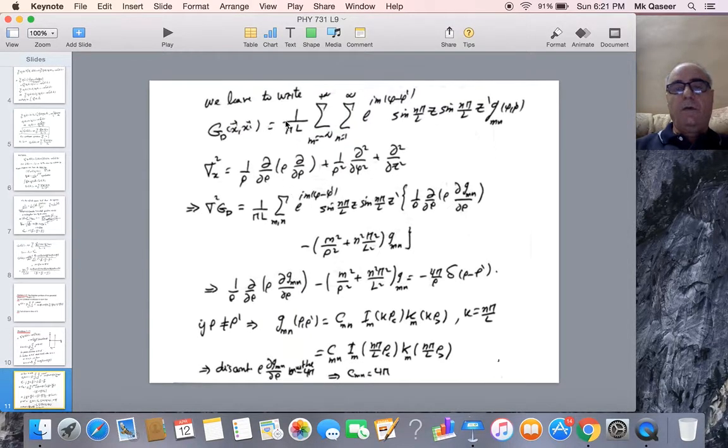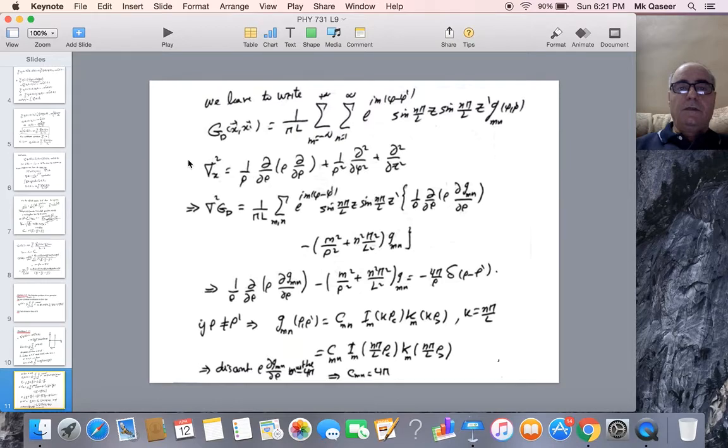Now, assume that the Green's function takes this similar form, which is 1 over πL summation over m from minus infinity to infinity and n from 1 to infinity of e^{im(φ − φ')} sine(nπz/L) sine(nπz'/L) times the reduced function g_mn, which takes two indices and is a function of ρ and ρ'.